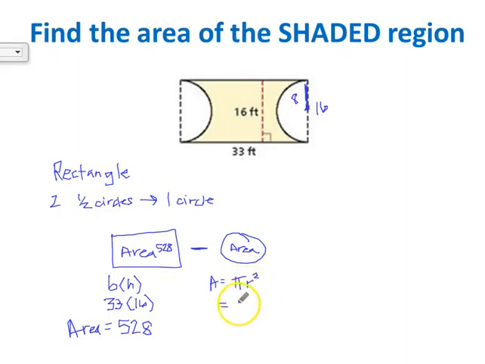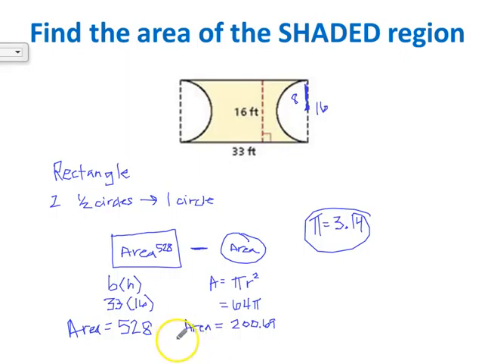8 squared is 64. I'm going to put 64 in front of my pi. So 64 times 3.14. Remember, I'm always going to use 3.14 when I type in pi. So 64 times 3.14, and I get 200.96. That's our area. So when we add those two together, or no, we're not adding, are we?